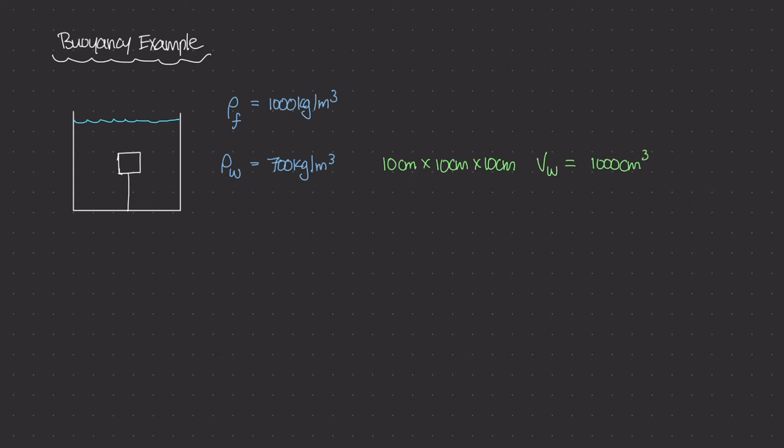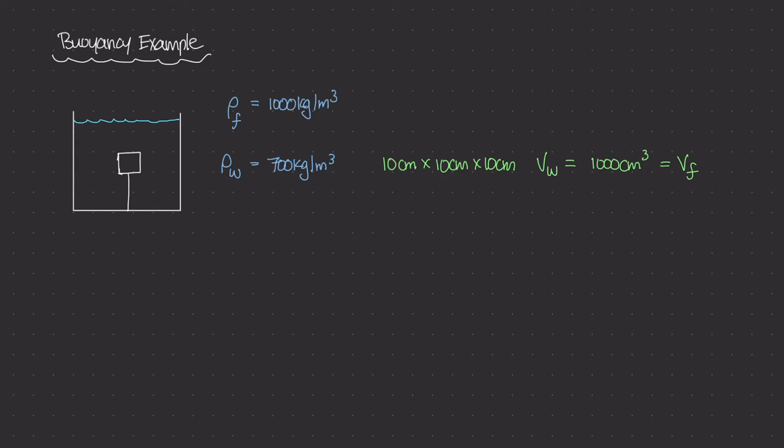So that is the volume of the block. Now, this volume is also going to be equal to the volume of the fluid displaced, right? If you put in this block completely into this body of water, then this exact amount of liquid is going to be displaced.